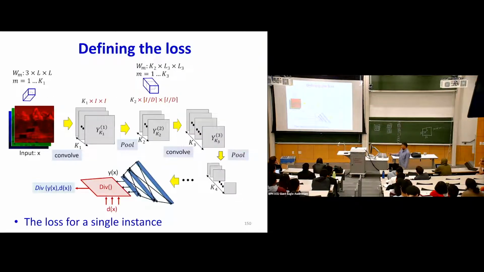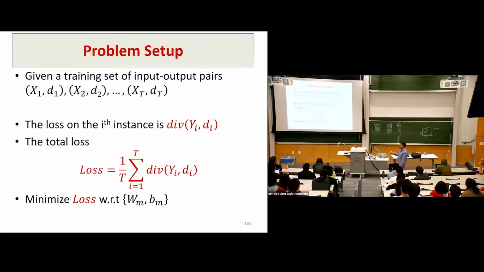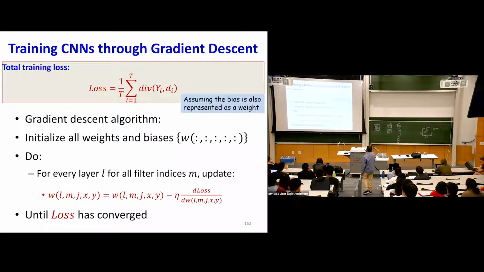The average divergence over your batch is what you're trying to minimize. So you want to compute the derivative of this average loss with respect to each of the network parameters. And then once you do that, you're just going to use standard gradient descent. So none of this is new. The real problem is how we're going to compute these derivatives.